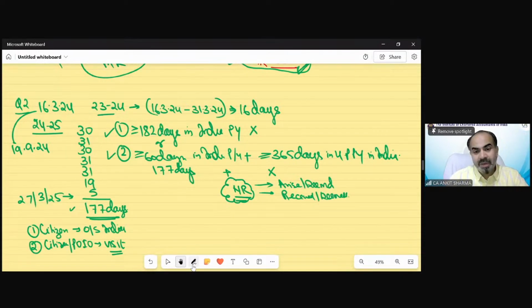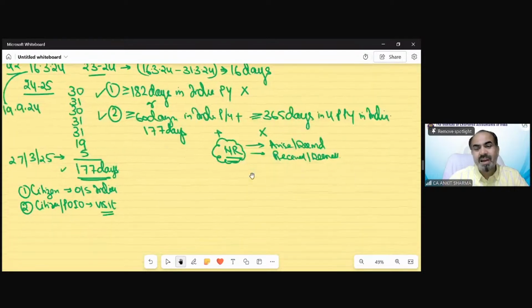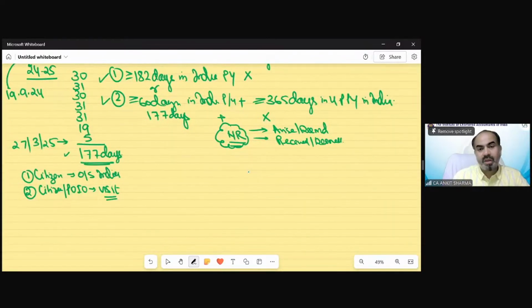As per the information given, she has let out a property in Mumbai from 1st May 2024 at the rate of 25,000 rupees per month. So that would be her income from house property. Now we will calculate income from house property in the hands of Charlie for assessment year 25-26. For that purpose, we have to calculate the GAV.